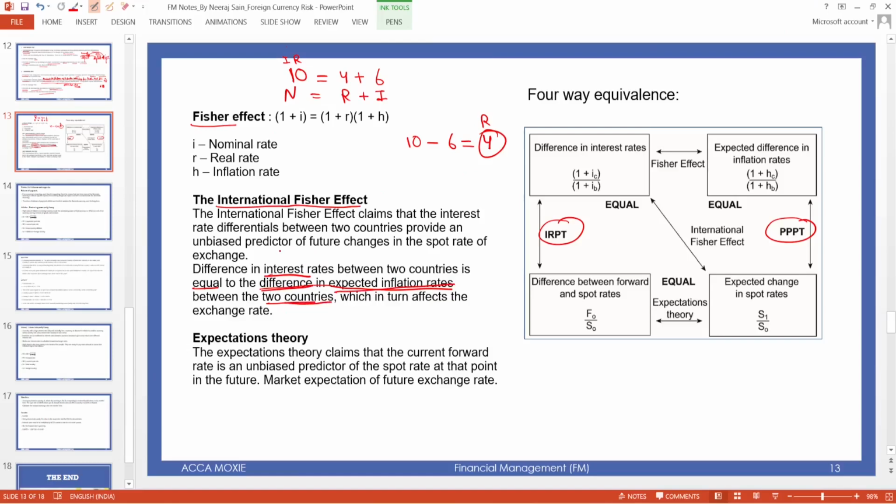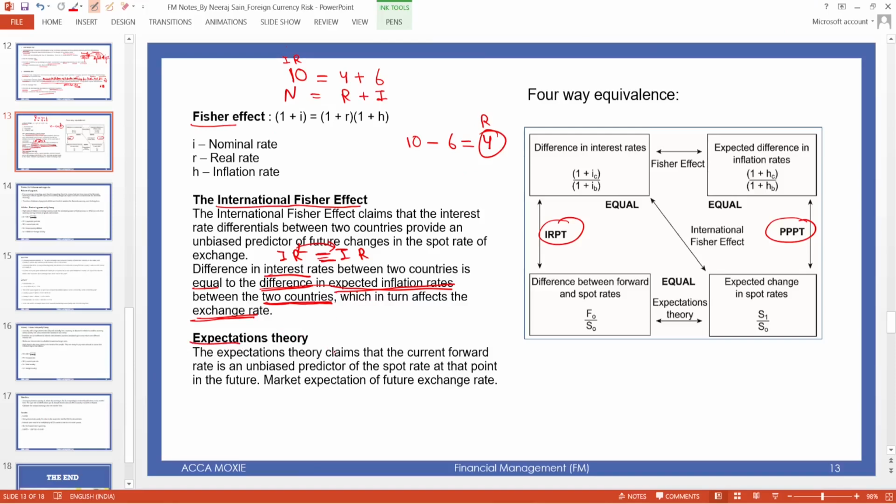The difference is only due to the difference in inflation rate, which is affected by exchange rate.